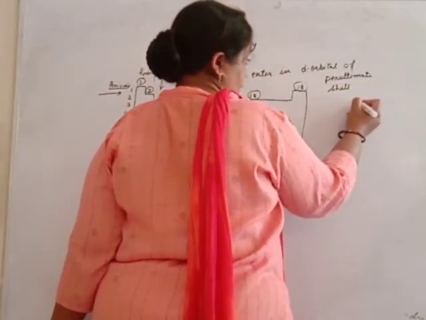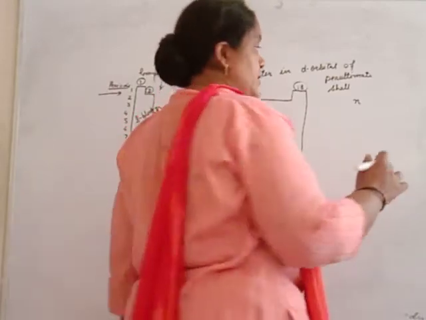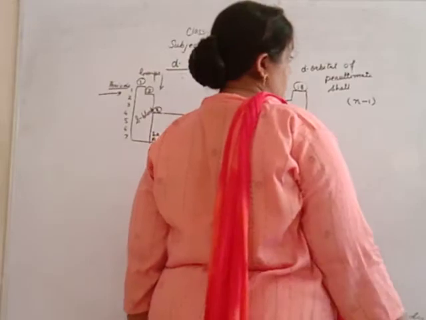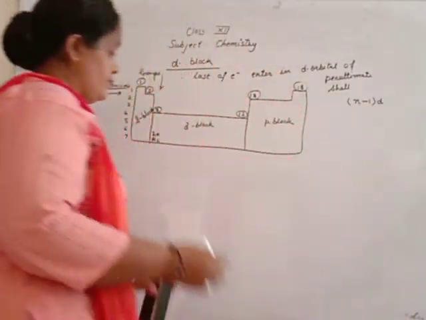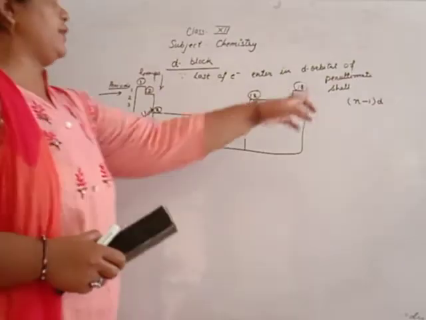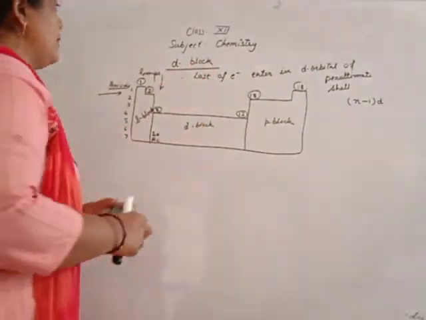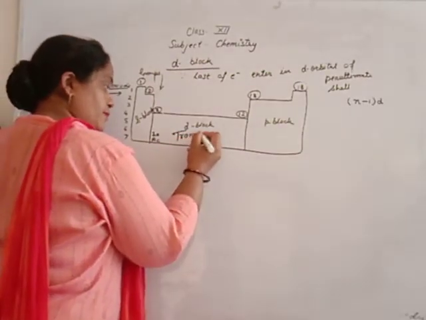The outermost shell is n. Penultimate means before the outermost shell, before the valence shell, that is n-1, and the n-1 d orbital. When the last electron enters the d orbital, these are included in the d block. These d block elements are known as transition metals.